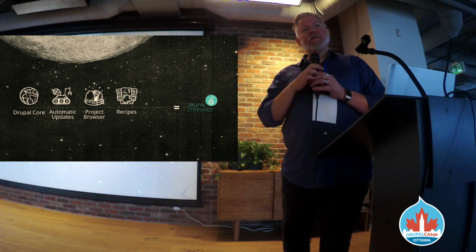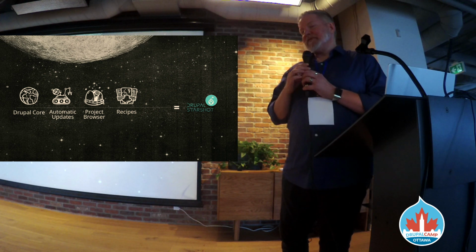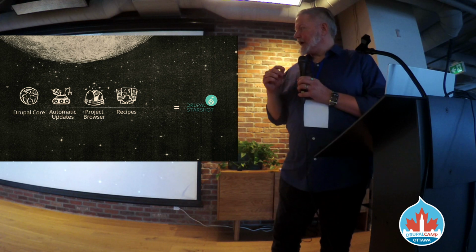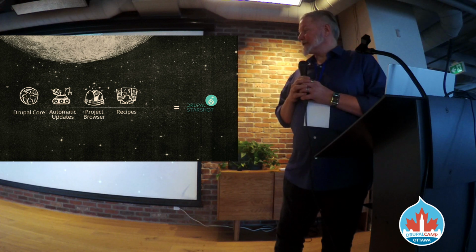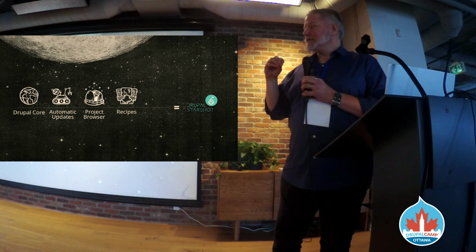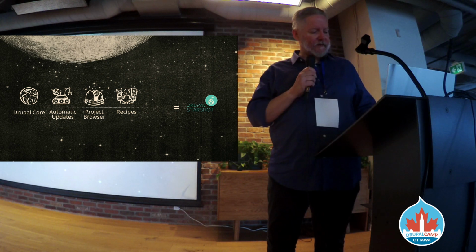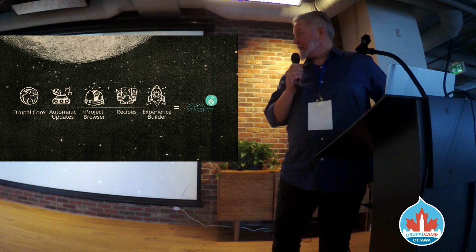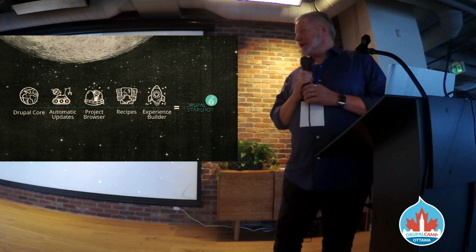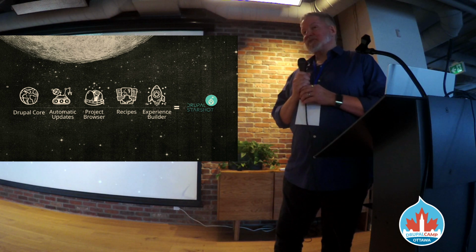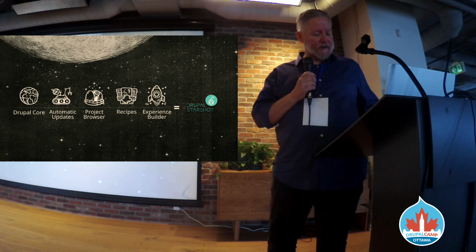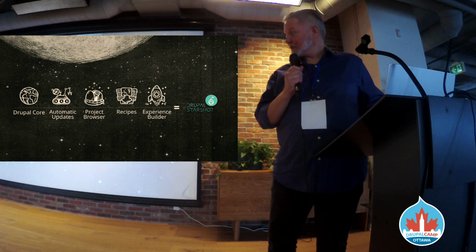Recipes as a way to bundle together sets of configurations so that, unlike the step-by-step site building that a lot of us are used to, they become more drop-in sets of configuration to achieve common use cases. And then Experience Builder as a next-generation page creation experience to make it very, very easy and intuitive to create those one-off experiences.